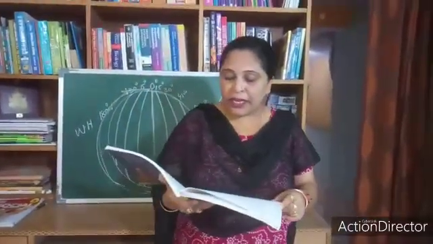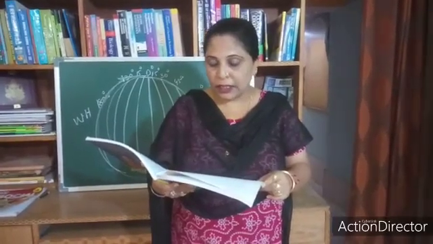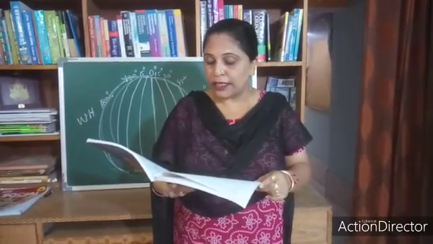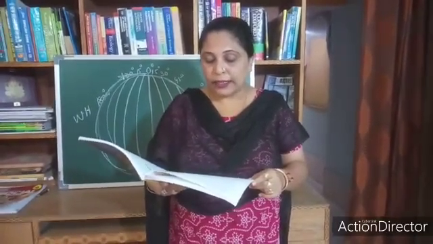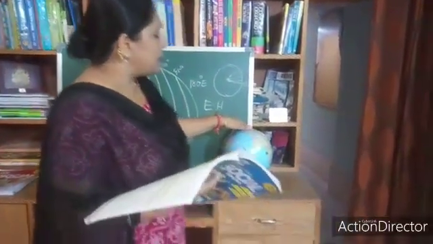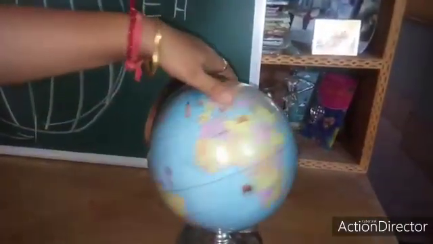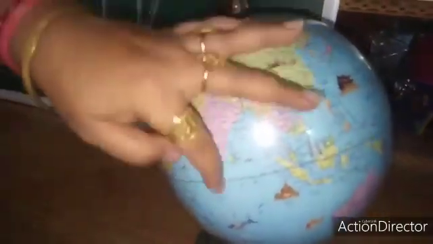So the standard meridian's longitude is 82 degree 30 minutes east. The reference place in India for calculating IST is Mirzapur near Uttar Pradesh. Prime meridian means the mid part of the globe. Like this, we are having the mid part of India.